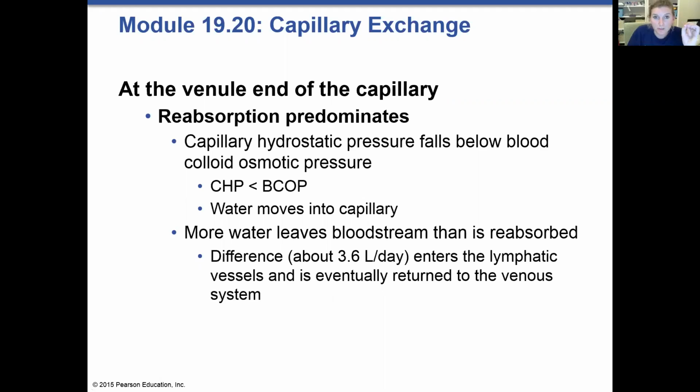There is a difference between the amount of water that's filtered out and the amount of water that's reabsorbed. It's a difference of about 3.6 liters per day. So this would be left just kind of chilling and waiting in our interstitial fluid, right, building up, and that's that fluid retention or edema, right, that swelling that happens sometimes. What actually happens is our lymphatics pick that up.